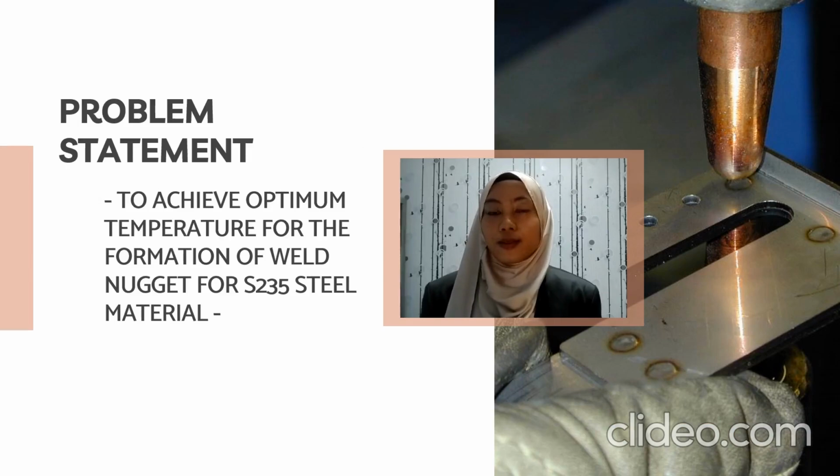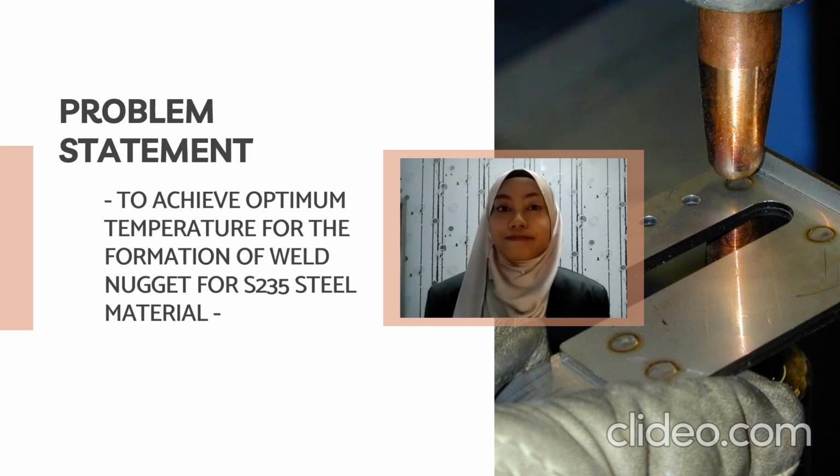Next, moving on to the problem statement. The purpose of this research is to determine the optimal temperature for weld nugget production in S235 steel material. Because most studies are concentrated on other materials such as DP600 and SS304, there is less information available regarding S235 steel.